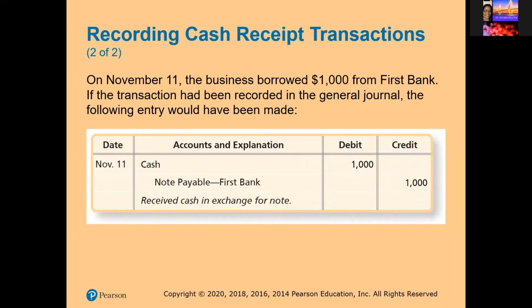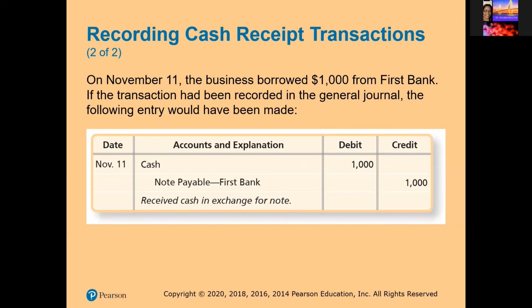On November 11th, the business borrowed $1,000 from First Bank. Here in this slide, it shows the journal entry if the transaction had been recorded in the general journal. By recording it in the cash receipts journal instead, the accountant would record the $1,000 in the cash debit column. The other accounts credit column is used for the notes payable credit because there is no specific credit column for borrowings.